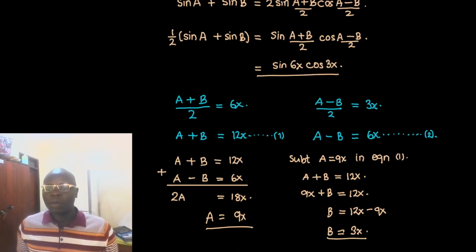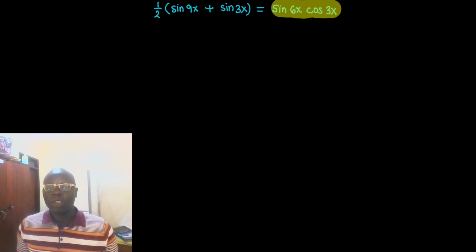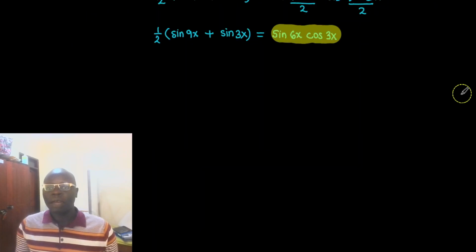Now, since we have gotten something similar, we have an opportunity of working out this by rearranging this identity here. So we have sine of 6x times cosine of 3x.